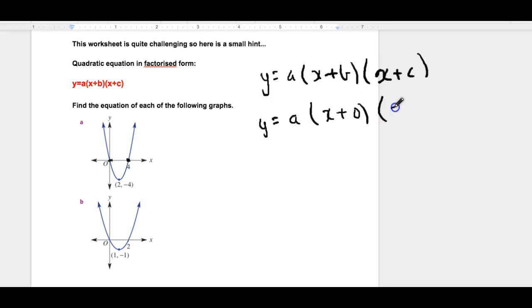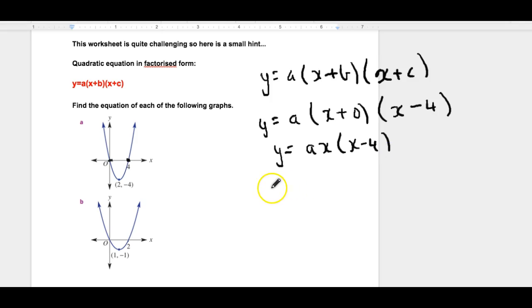And the second one, because this is a positive 4, your c has to be a -4. Because when I let x minus 4 equals 0, I get x equals 4. So that's how we work. So we're kind of working backwards to how we worked before. All right, and I'm just going to tidy that up because we don't usually leave things with x plus 0. So I'm going to have ax, x minus 4.